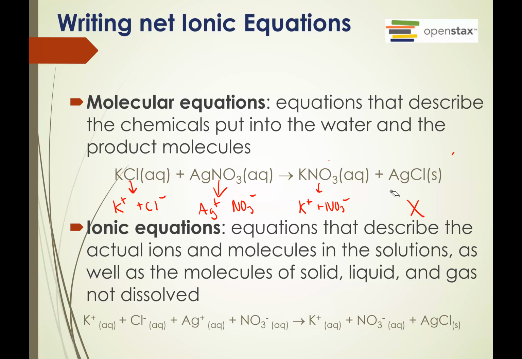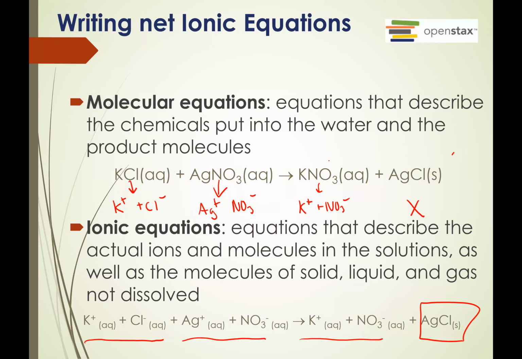So if we combine all that, here's our KCl, here's our AgNO3, here's our KNO3, and you see how the AgCl stays together? This is what we call a complete or a total ionic equation. All we're doing is taking all the (aq)s and taking them apart, just like you did on your homework, dissociating them.